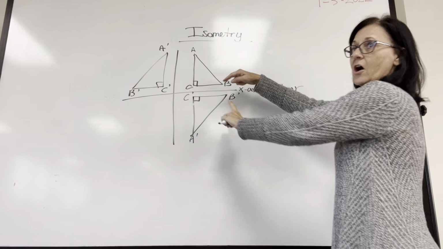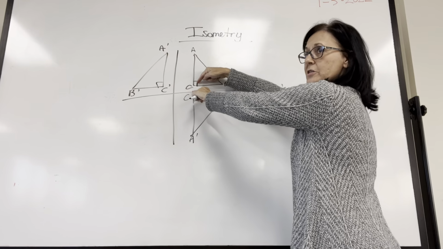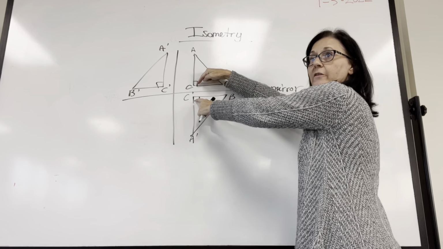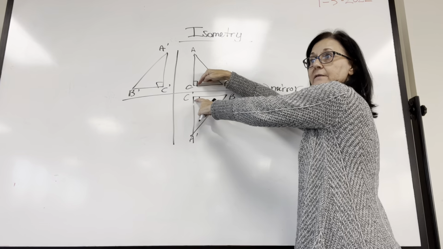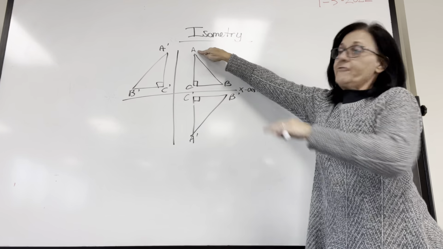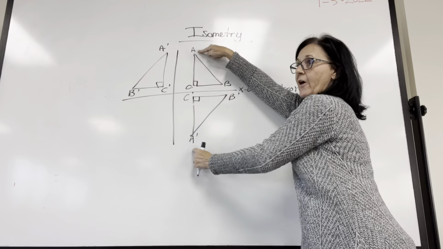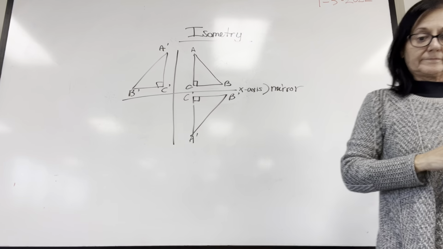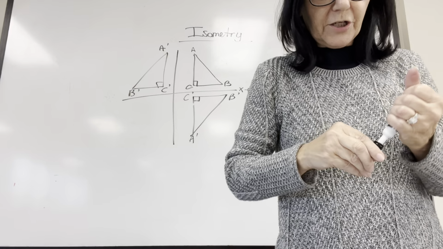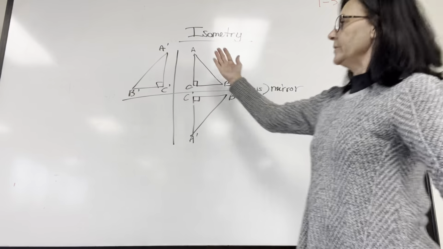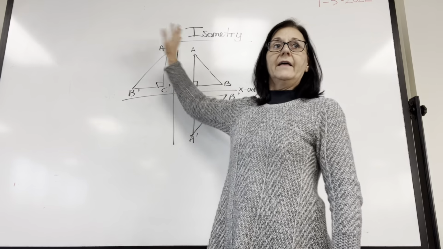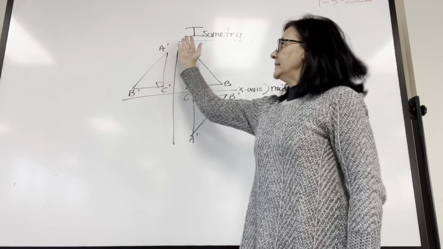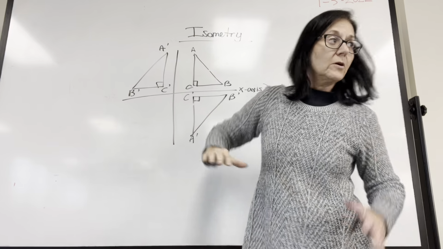The one closest to the mirror, our line of reflection, is going to be closest on the other side. The one furthest from the mirror is going to be furthest from it on the other side. So reflections are like a flip, right? It's this way, then it's that way. Almost like a flip.